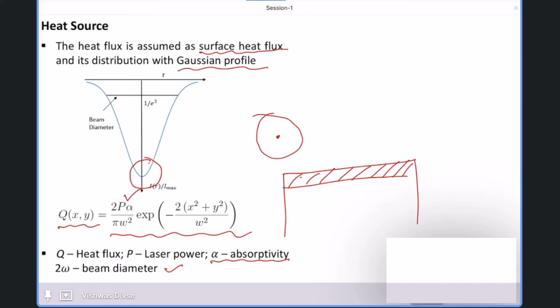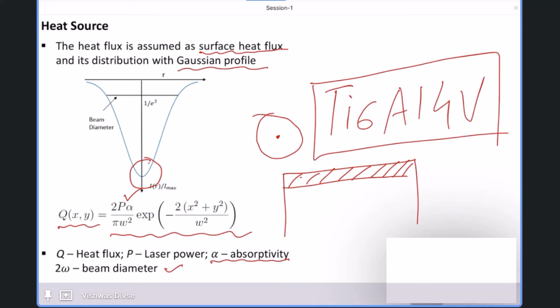In this context, whatever simulation I am going to show you is mostly for the very famous aerospace and biomedical alloy, the titanium alloy Ti6Al4V. For that alloy, the properties are already taken from the literature and provided in the input file.